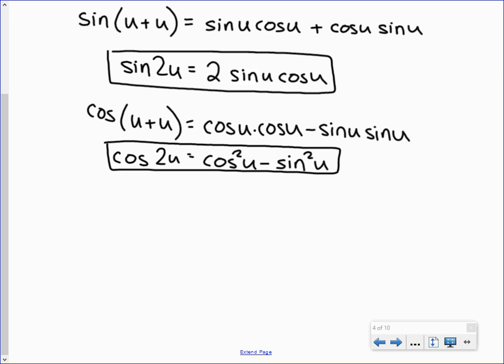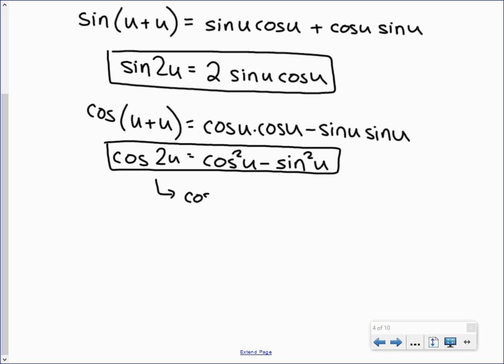Now, on your test, on your quiz, you will see cosine of 2u written 3 ways. So this has a version where you have a cosine squared and a sine squared, but we could substitute with our Pythagorean identities, and then we would have cosine of 2u in terms of one trig function on the other side, either cosine squared or just sine squared. So we're going to do 2 substitutions here.